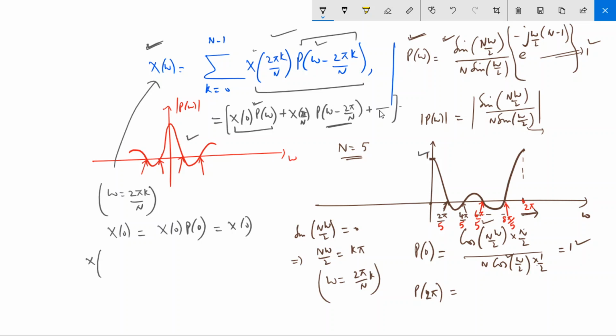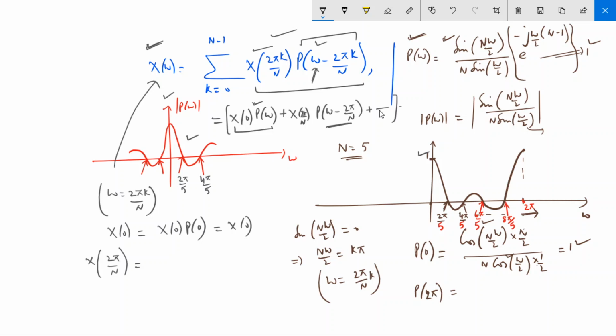If you find the next sample at 2 pi by n, in this series you will get x of 2 pi by n multiplied with p of omega minus 2 pi by n. Or I can just say it like this: if this is p of omega, suppose for n equal to 5, it was 2 pi by 5, it was 4 pi by 5.